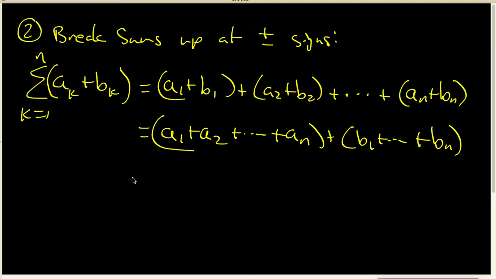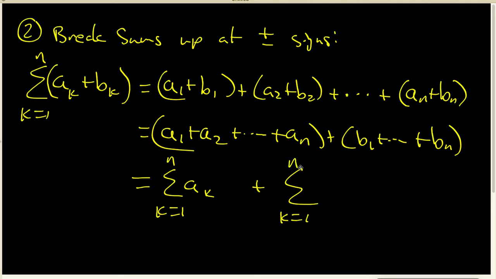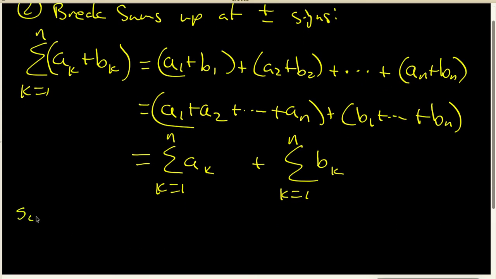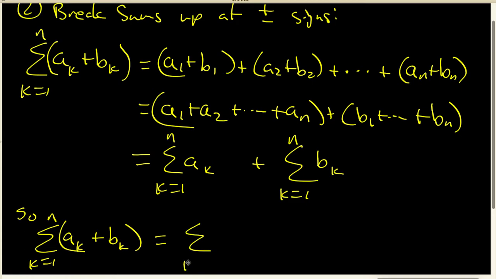And when I do that, I am looking at the sum as k goes from 1 to n of the ak's, plus the sum as k goes from 1 to n of the bk's. So we have a formula that says if I've got the sum as k goes from 1 to n of ak plus bk, I can break it up at that plus sign and write this as two sums: the sum of the ak's plus the sum of the bk's.